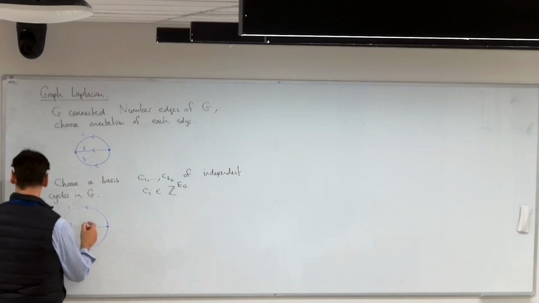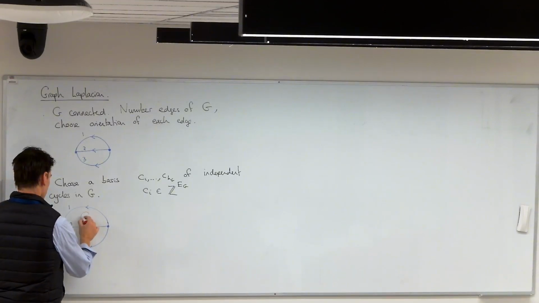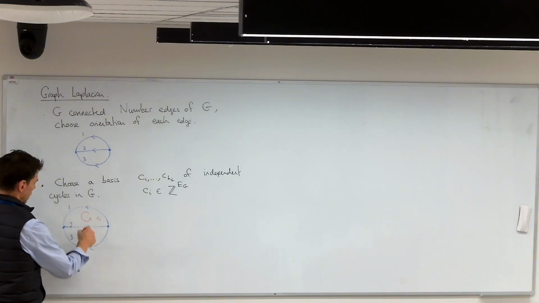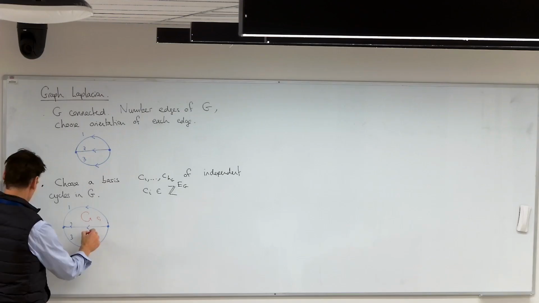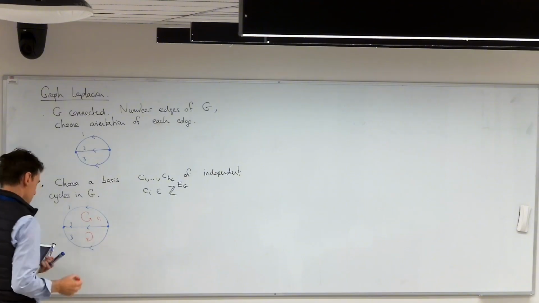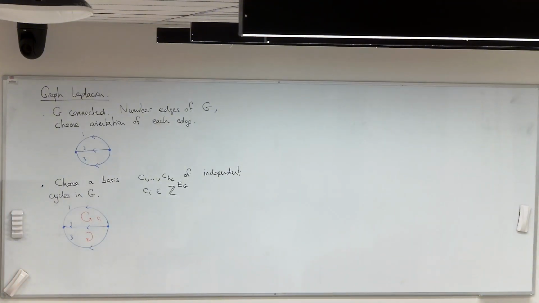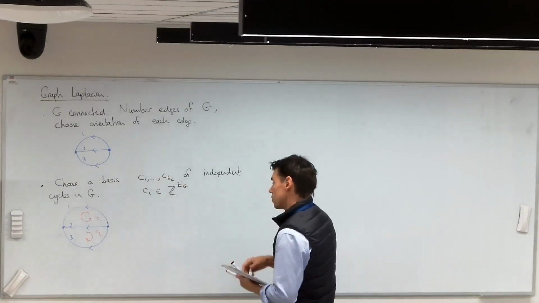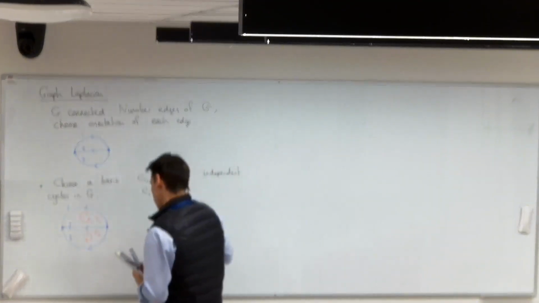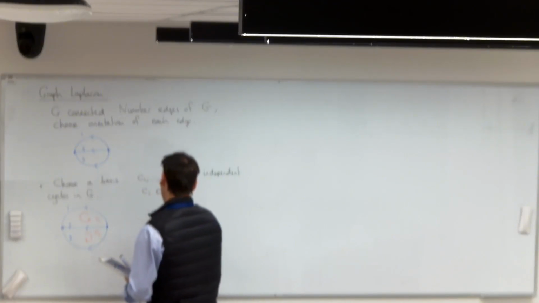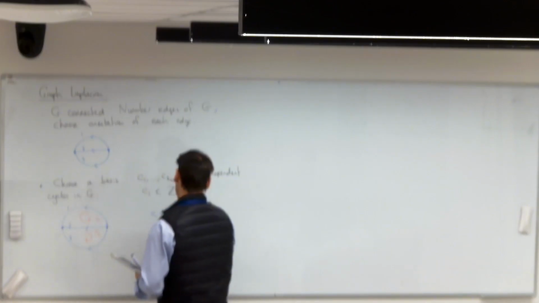So the first cycle we could choose is this loop here, C1. And the second one, I want to choose this one. So in typical fashion, I've done something completely different from what's in my notes. That's okay. So here we have C1. C1 is E1 minus E2.